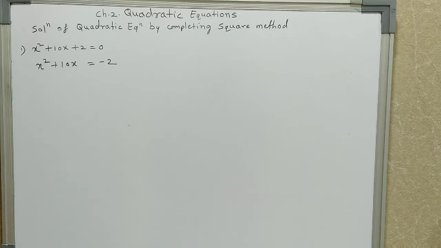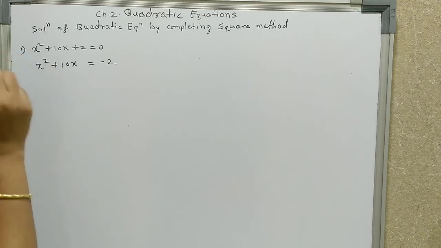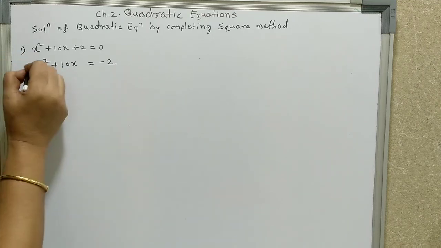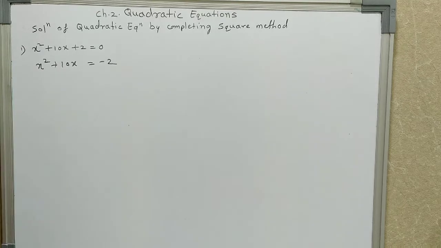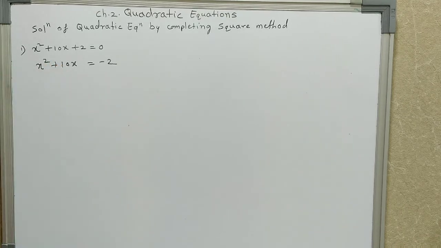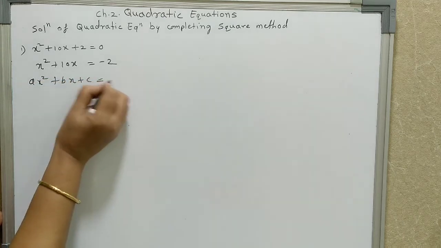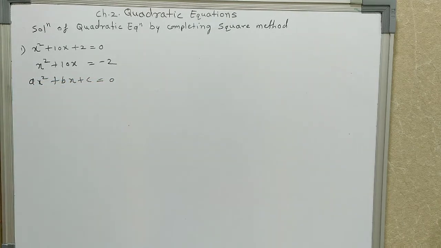One important thing: the coefficient of x² should always be 1. If there is any other coefficient, then divide the equation on both sides. Here the coefficient of x² is already 1. This is our standard form, ax² + bx + c = 0. If there were a coefficient, we would divide both sides.